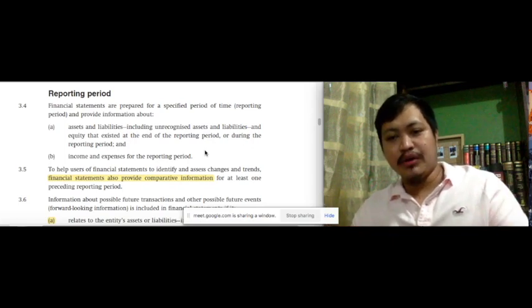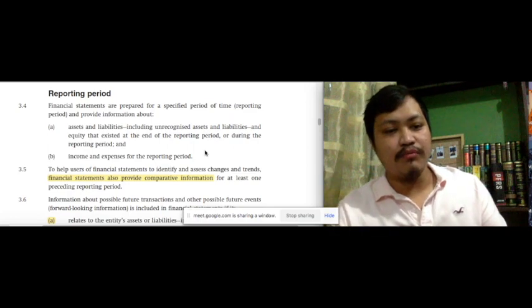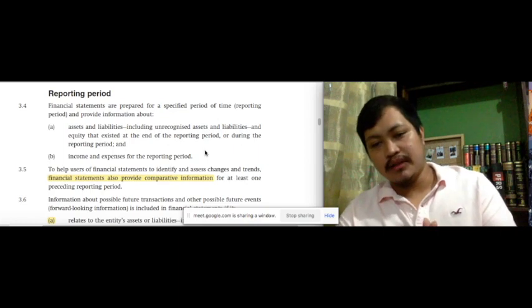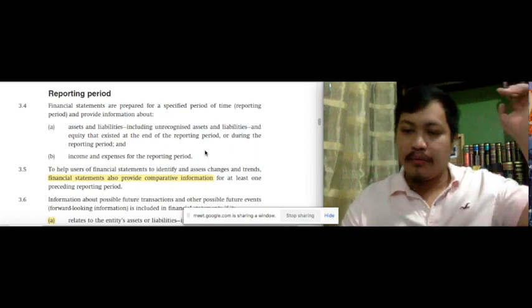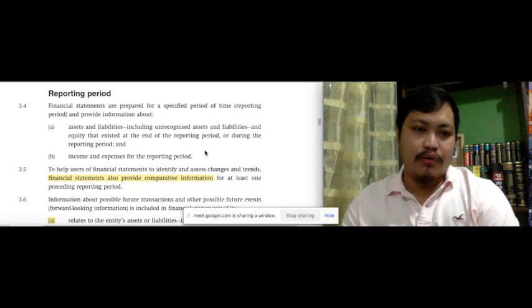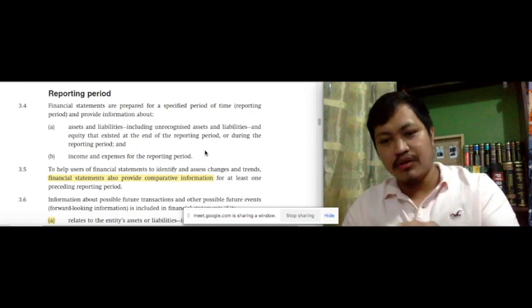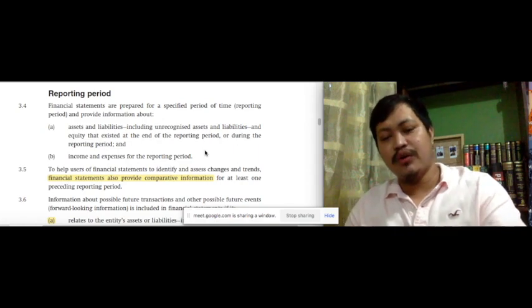Okay, but it's important that our reporting period has to be consistent, class. Okay, and normally our reporting period, class, would be 12 months. But if you are preparing interim reports, you may have shorter reporting periods. So again, we have the periodicity or the time period assumption as a consequence of your going concern assumption.